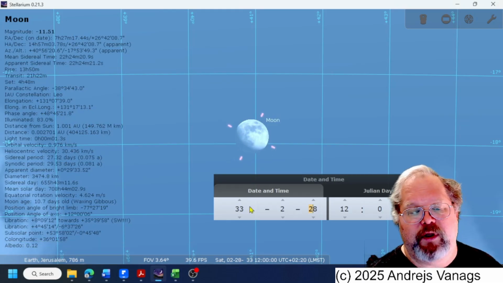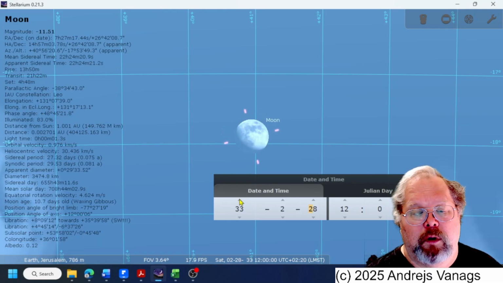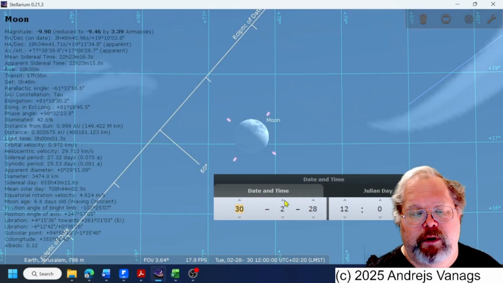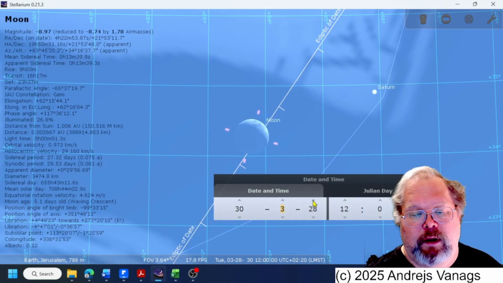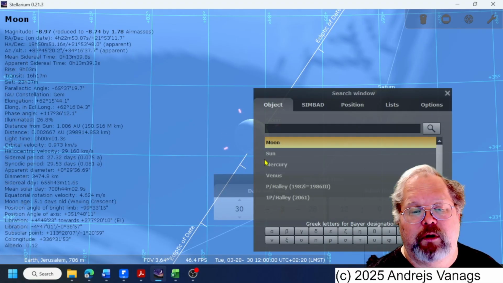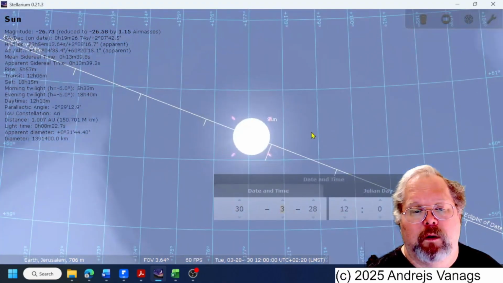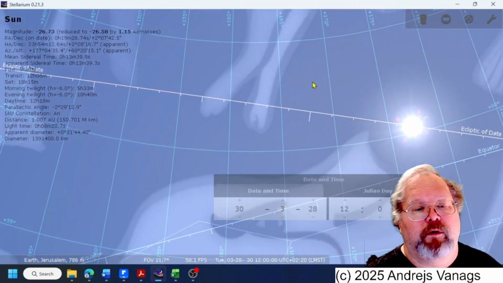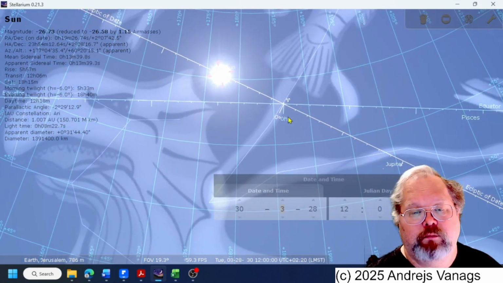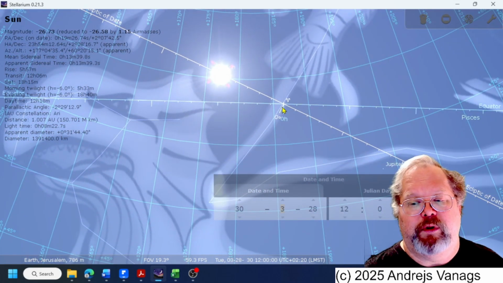We can do the same thing. We're set up at noon. We go back to year 30. And then we take a look at the sun. And the vernal equinox is when the sun crosses 0 in the ecliptic plane.